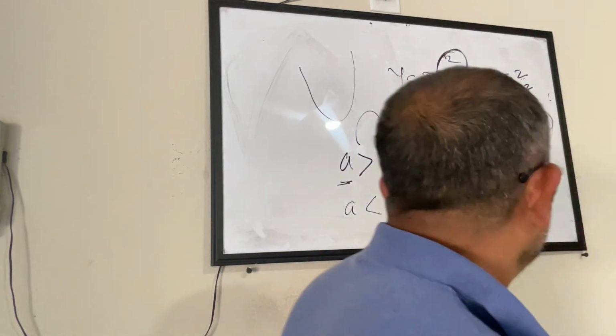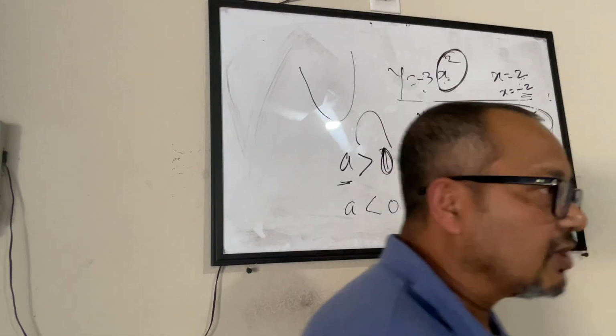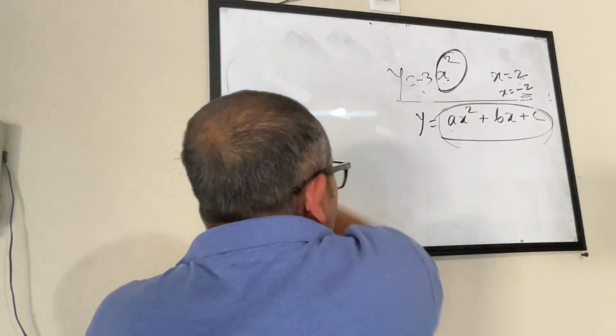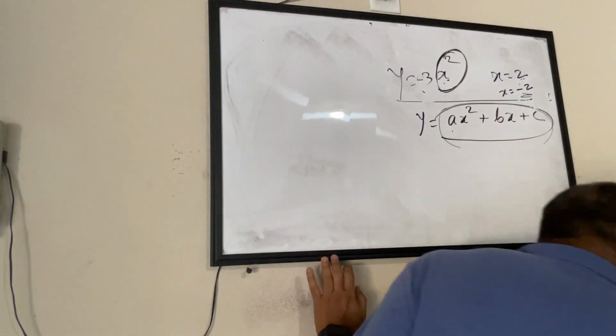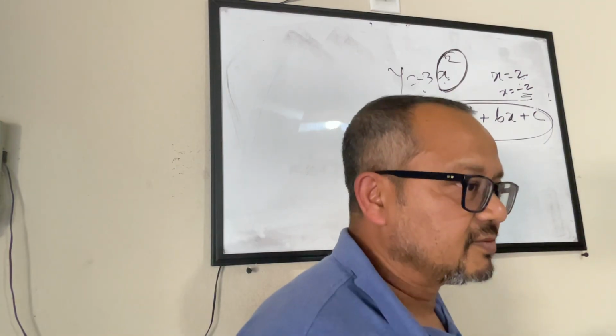Now, if this is one form, this is called the standard quadratic equation form. What are the other forms that you guys know about? Factor form and vertex form.